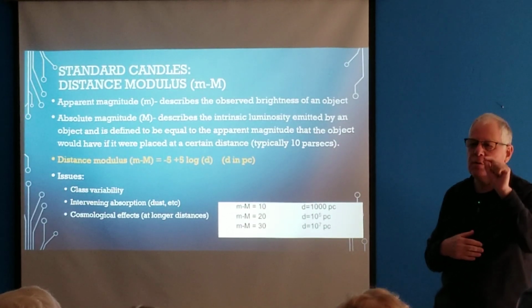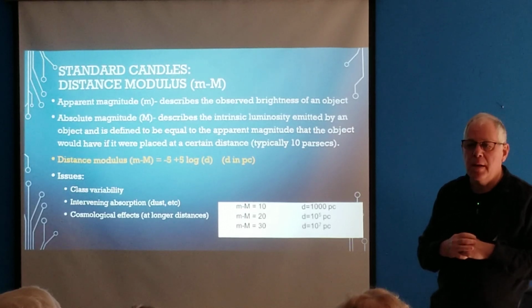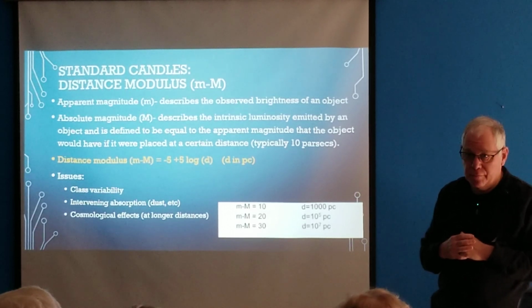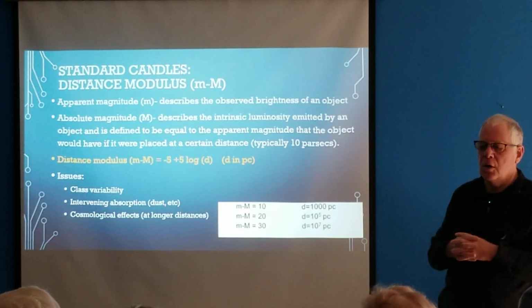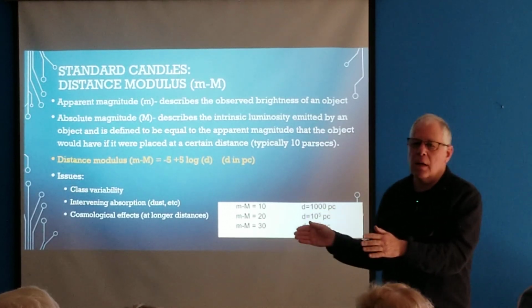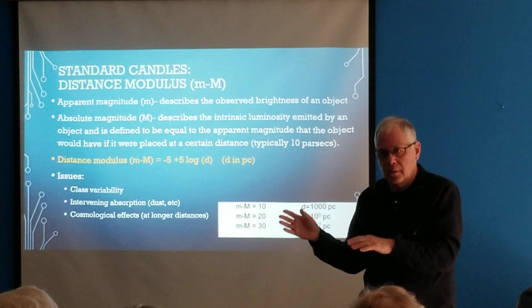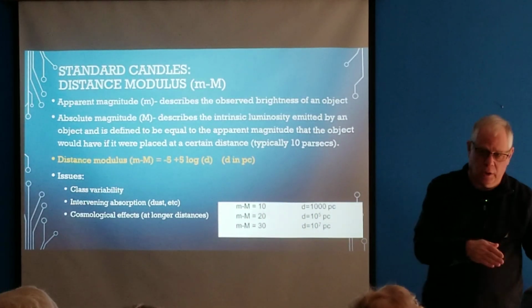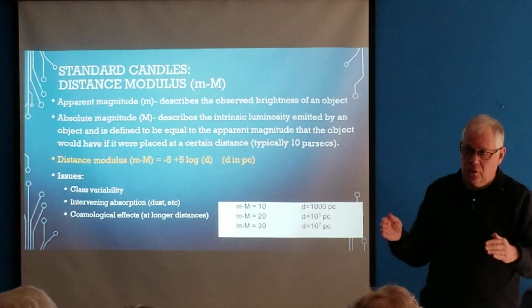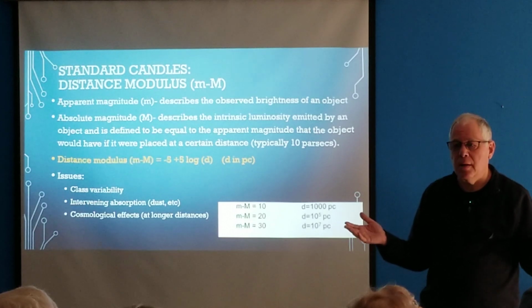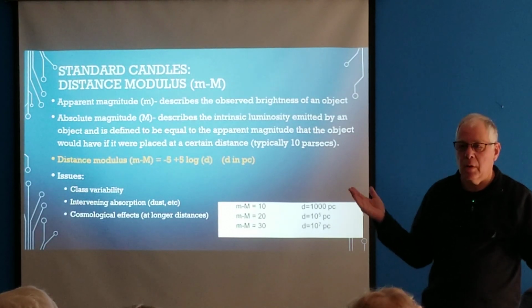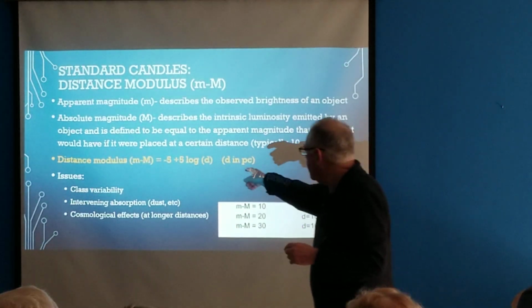Every magnitude is about a factor of 2.5 in intensity difference, luminosity or brightness difference. So the faintest object you can see with your unaided eye in a dark adapted sky to the star Sirius is a factor of 250 in brightness. Okay, just doing that in my head. That's where these numbers come from.